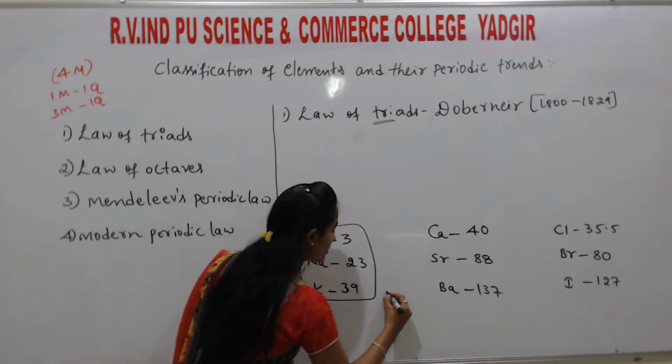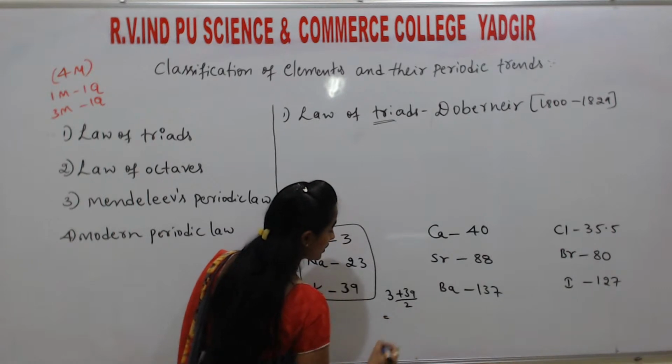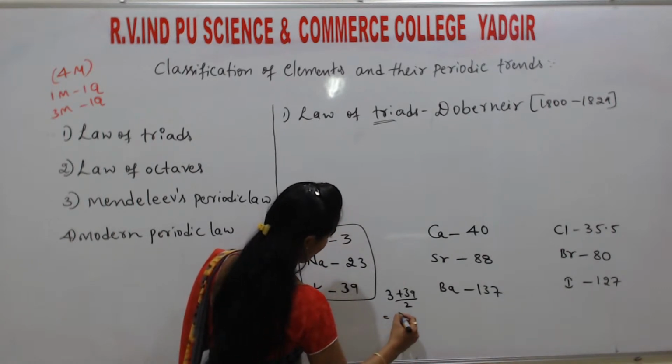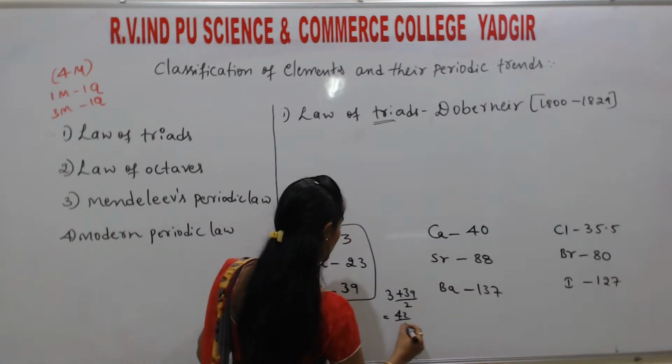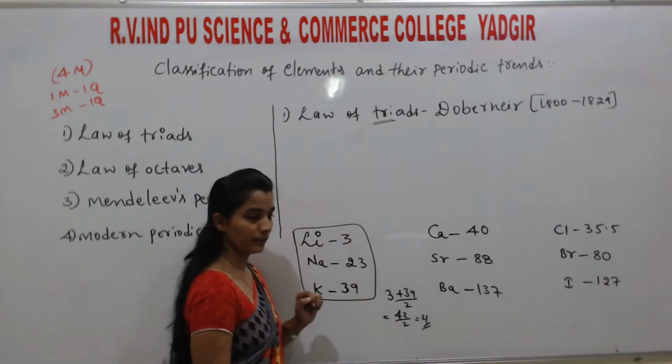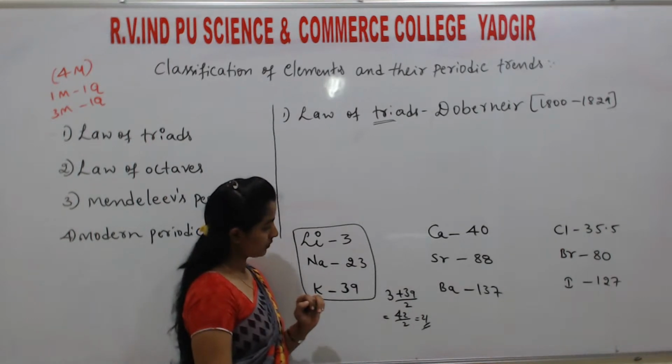If you take the average of these two, 3 plus 39 divided by 2, that is 42 divided by 2, that is approximately 21. Correct?